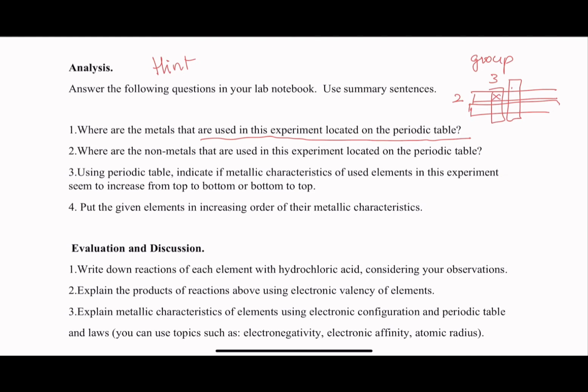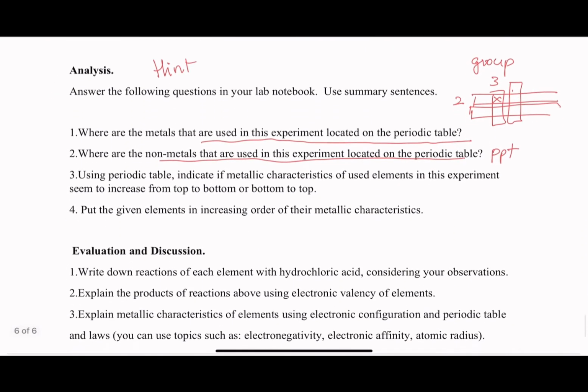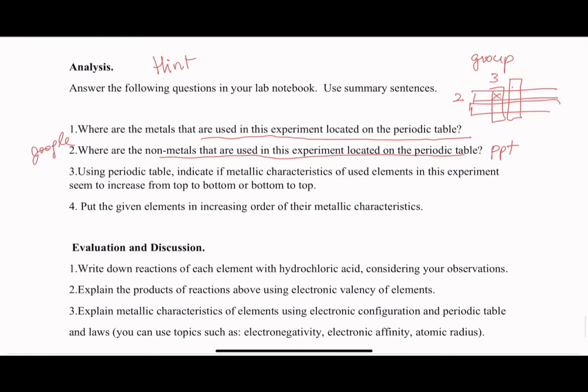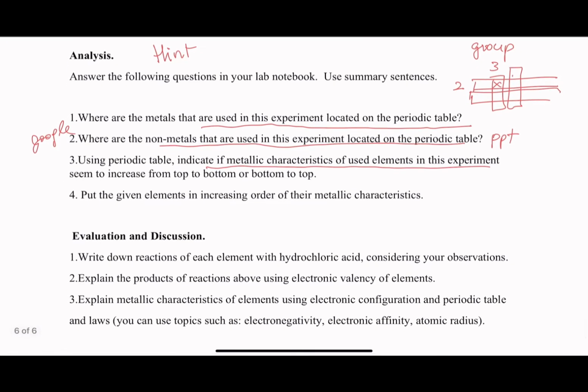So write those down. Where are the non-metals used in this experiment? So check out our PPT and find out which of these are non-metals and where they are located. You can Google all of this stuff, okay? So this stuff can be Googled. Using periodic table, indicate if metallic characteristic of used elements in this experiment seem to increase from top to bottom or bottom to top.